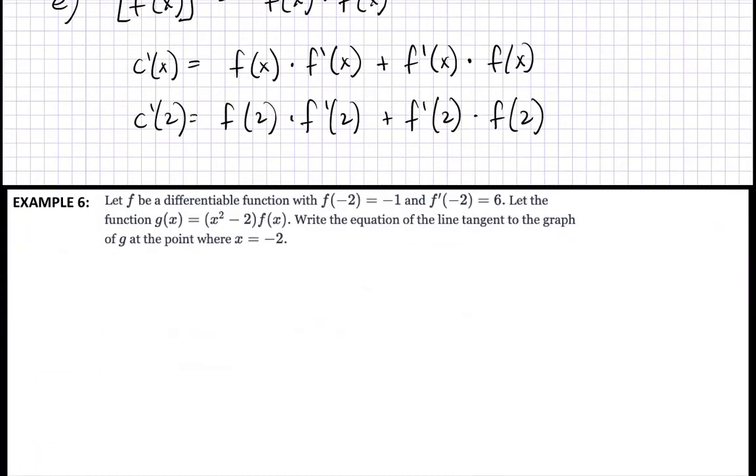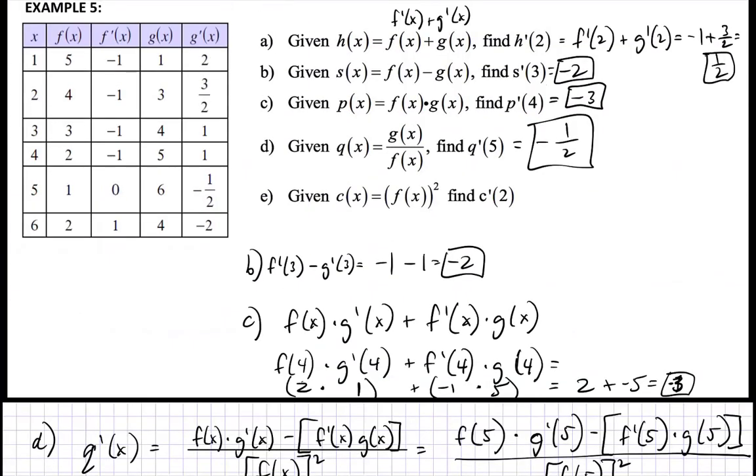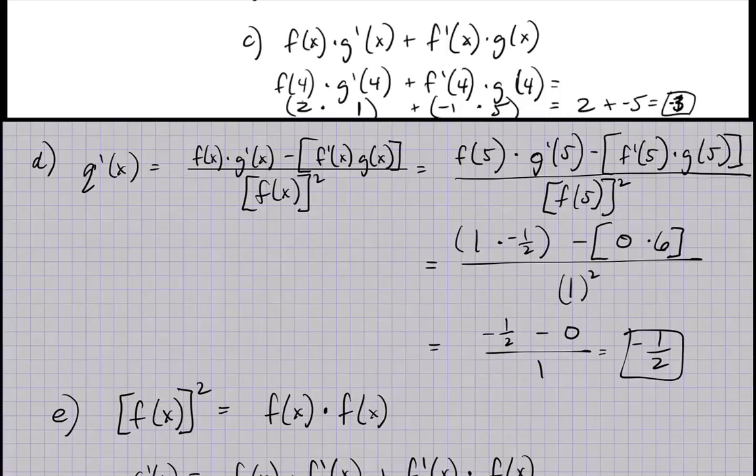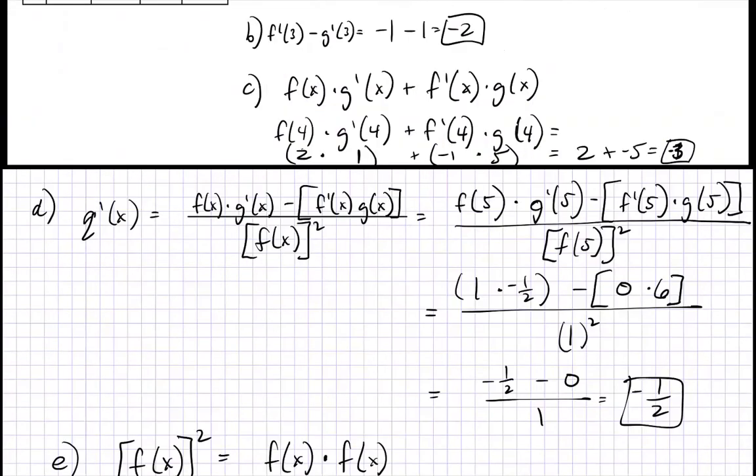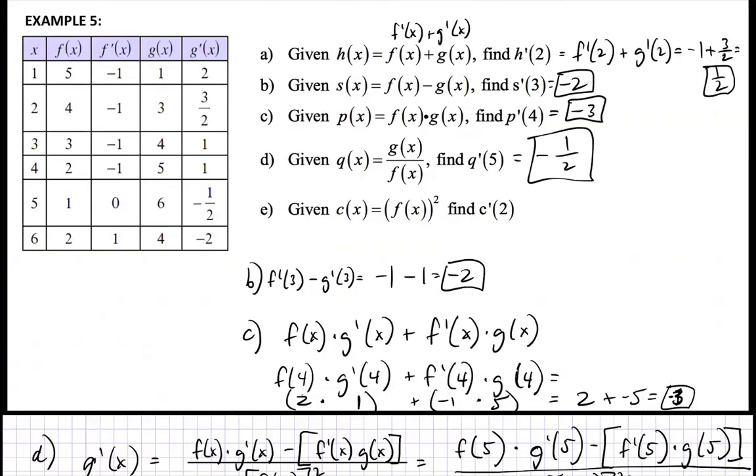Okay. So f of 2 is +4. So this guy is going to be a +4. This guy is going to be a +4. F prime of 2 is -1.